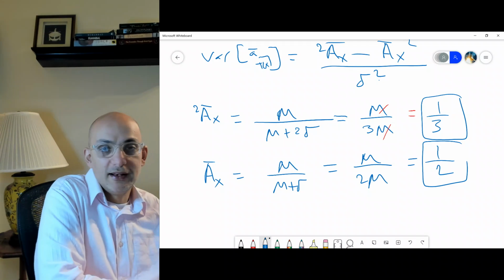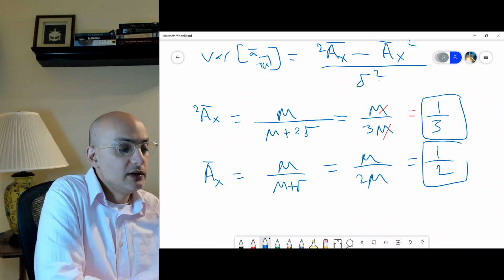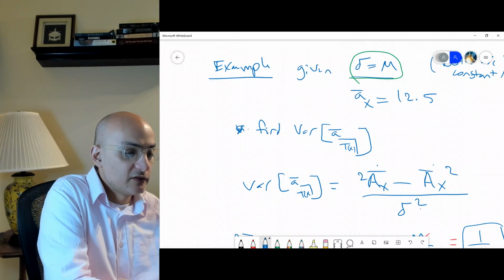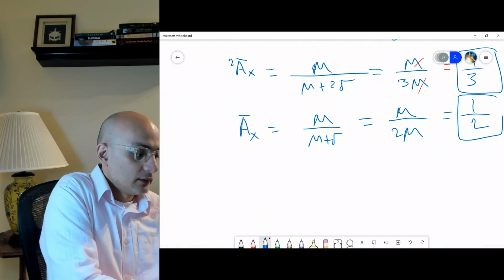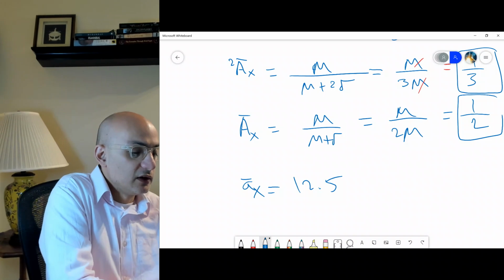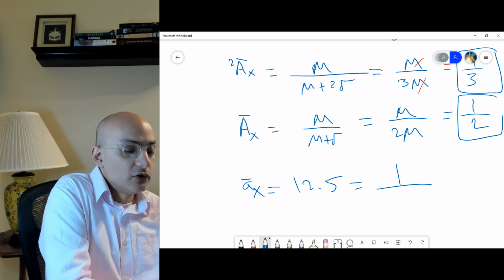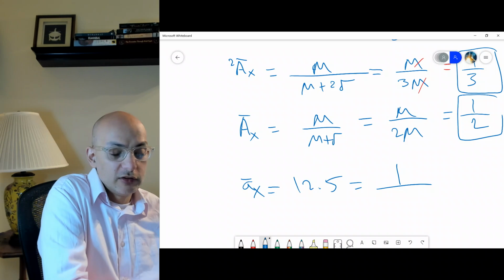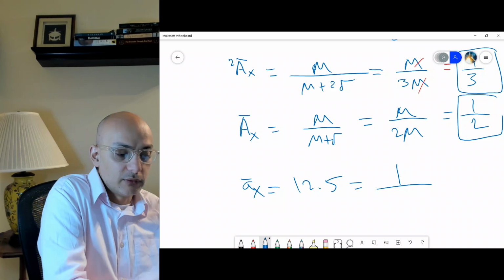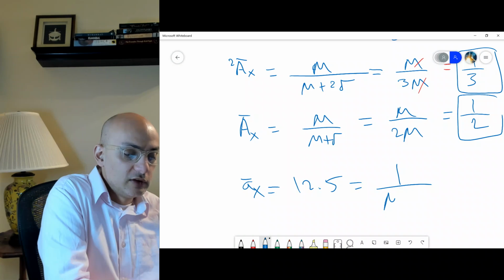But now we need delta. So we remember we can take this fact: AX is equal to 12.5. It's given, and for exponential distribution we know the general form that we found in this session, which is 1 over delta.